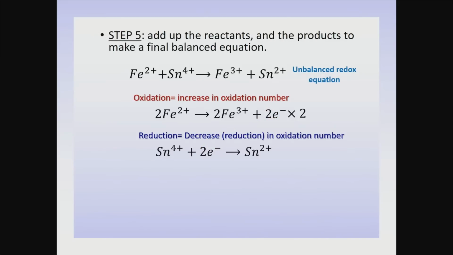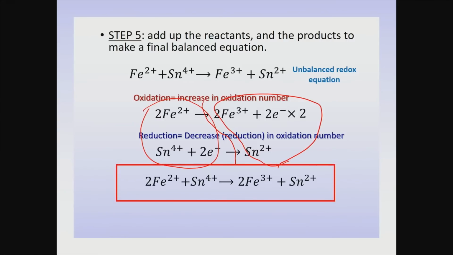Okay, the next step is, once you have balanced the electrons like that, add up the reactants and the products to make a final balanced equation. That's pretty easy to do. Note where the arrows are, and I'm going to draw a line through the arrows here. Here are the reactants, we're going to add those up, and here are the products, and we're going to add those up. I've done that here, and when you do that, this is the reaction you get.